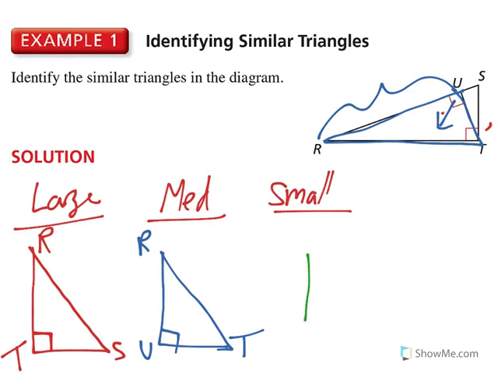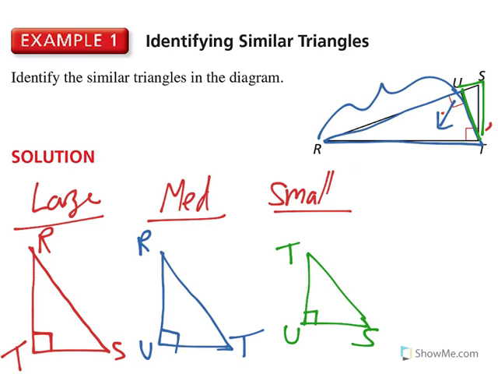Then my small triangle, I'm going to draw the same way. My right angle for it is on U again, so this one will be U. My long side, comparing my legs, is going to be UT, so I'll put T up there. My short side is US, my hypotenuse is TS. If I want to identify my similar triangles, I would need to write them all in the same order.